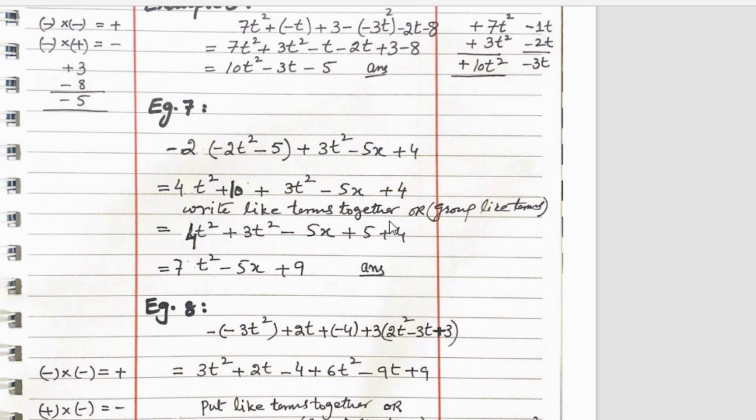Write like terms together. I have written for you, for your convenience, a few words over here so that you will come to know that whenever the terms are scattered in an expression, in a quadratic or in a linear expression, we write them together. This is a very important rule of mathematics. And if you are intelligent enough, means you have fast addition, multiplication and subtraction, you can do it at once on your fingertips in the same step without bringing the terms together.